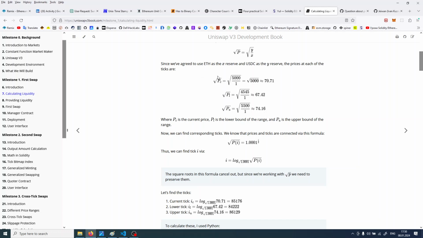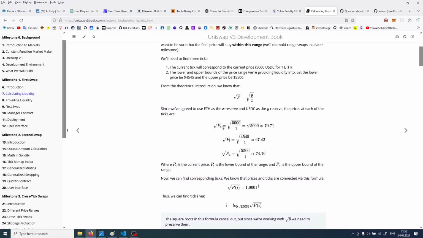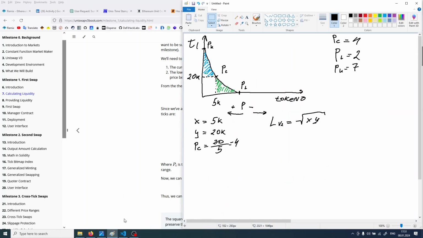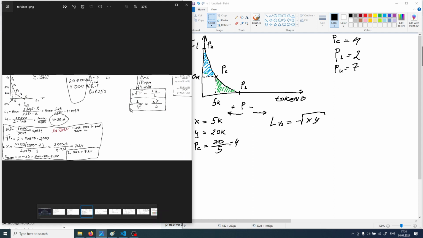It's used for further formulas, and Uniswap v3 stores this information in the smart contract, so it's not a problem for us.